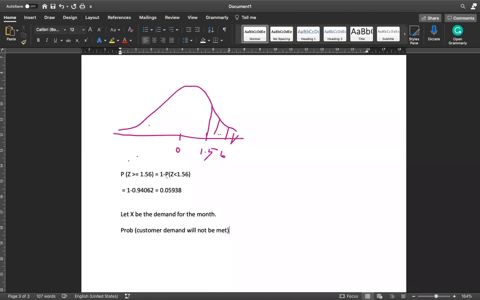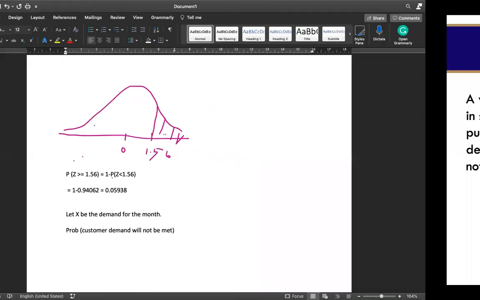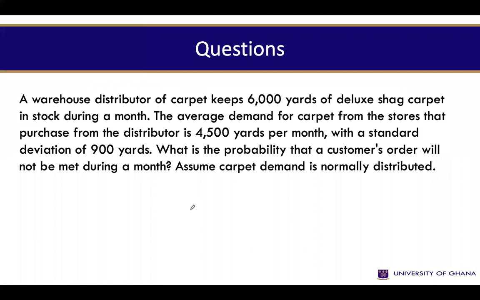Yes, Jeff. I think it will be 1 minus x. No, forget about the mathematics. Look at the story. What would cause us not to meet our demand? Forget about normal distribution.